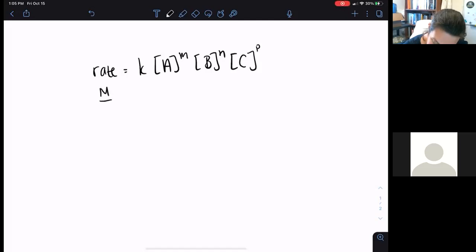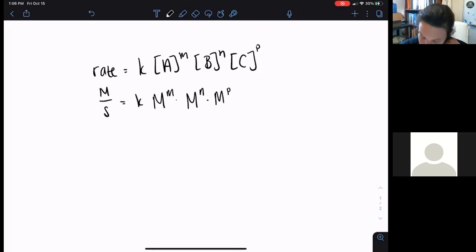Your rate is in units of molarity per second, and each of your concentrations are in molarity. So you have essentially molarity to the 1 minus m minus n minus p. So your unit for k would be s to the -1 times that.